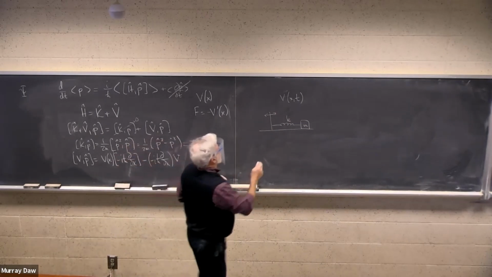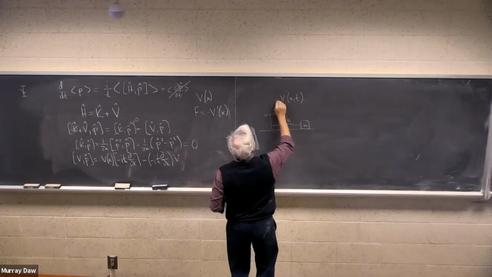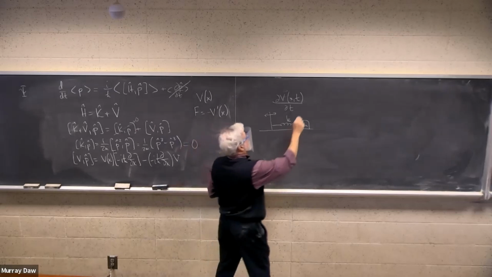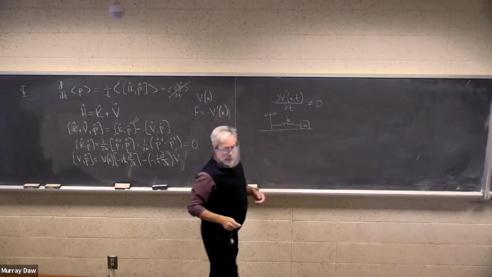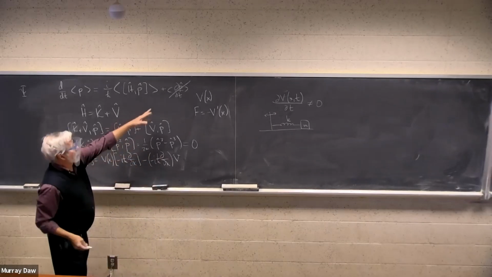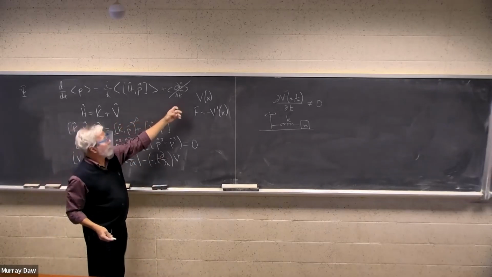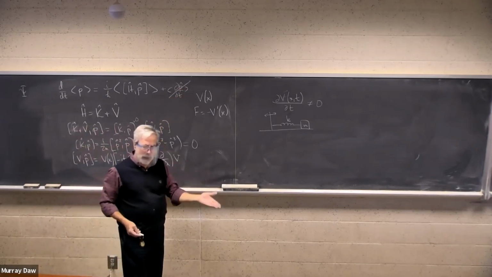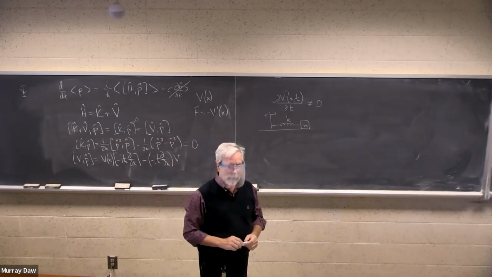And so in that case, you might have something like this. That's not zero. That would be an example. So in all the cases we considered, this term is going to drop out. Like if it's just the momentum operator or position operator, there's no explicit time dependence in the operator. Does that make sense?